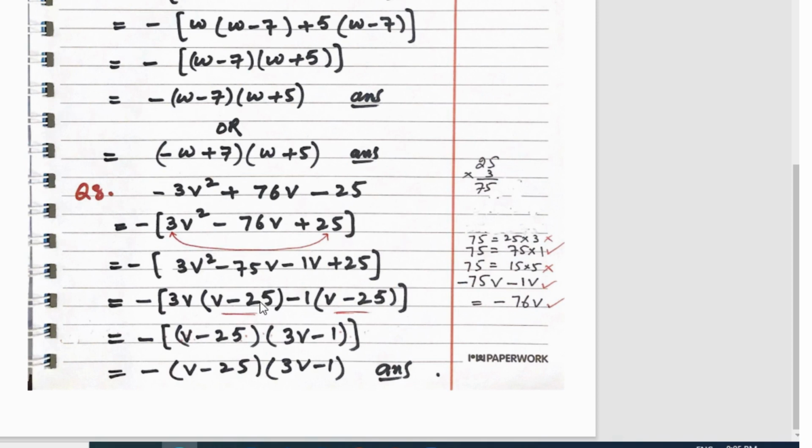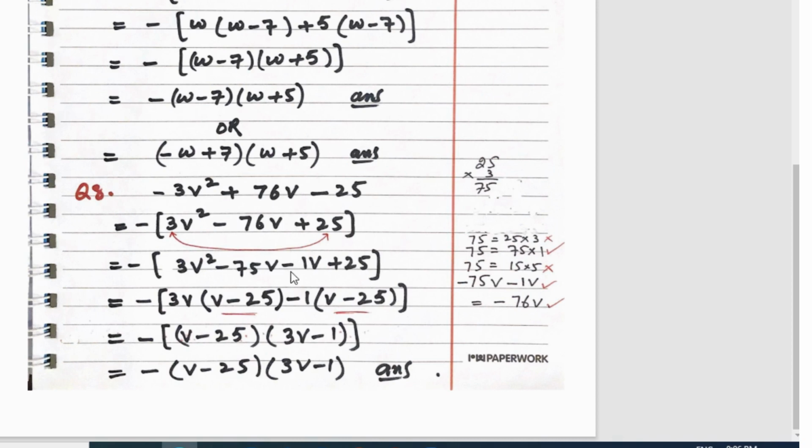When 75 is divided by 3, 25 will be the answer, or will be left over, the other factor. It will be over here, right?